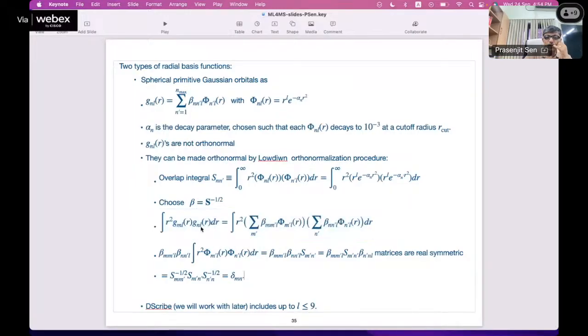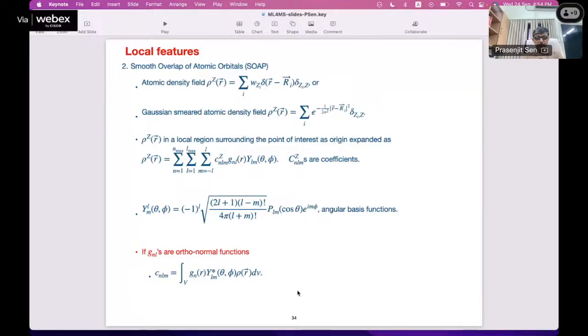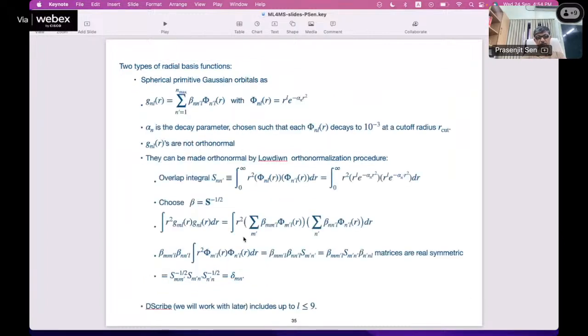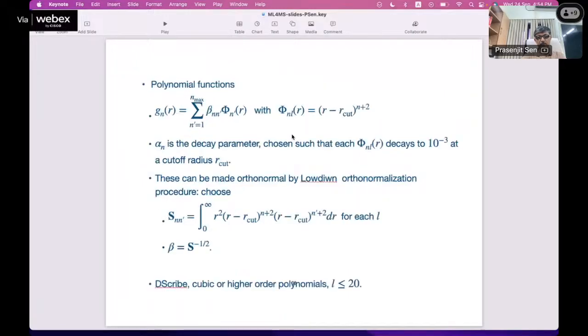So now we know how to construct g functions which are orthonormal: specific linear combinations of the Gaussians give us orthonormal g's. Then you are done. If the g's are orthonormal, then you can use the expression that I showed you earlier to calculate the C's. And you can do the same exercise for these polynomial radial functions. Same idea.